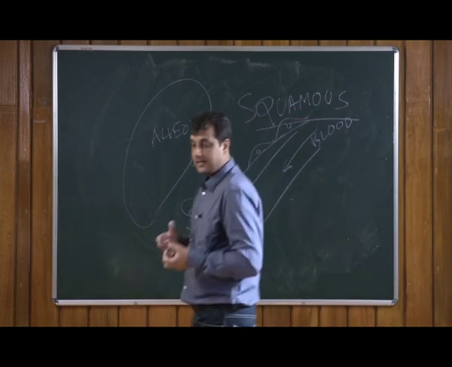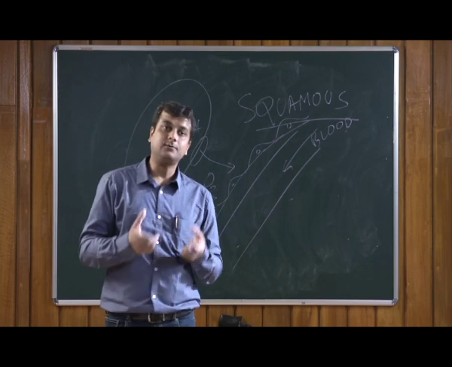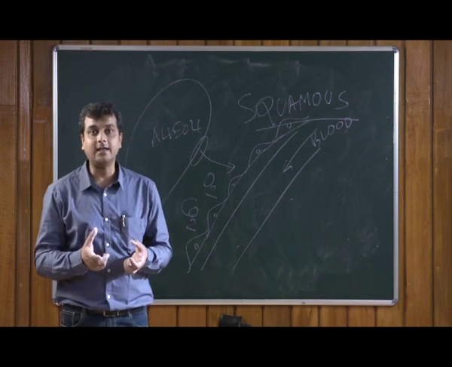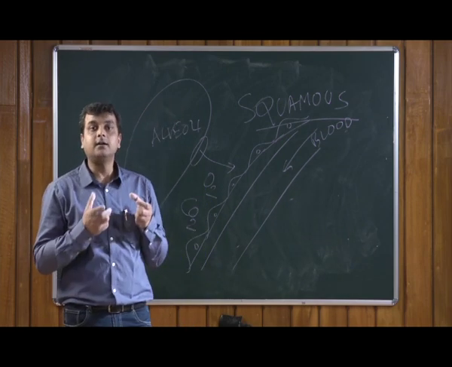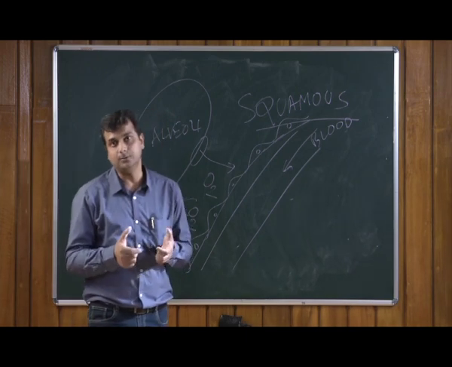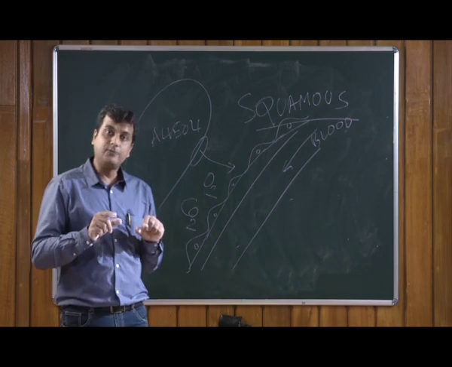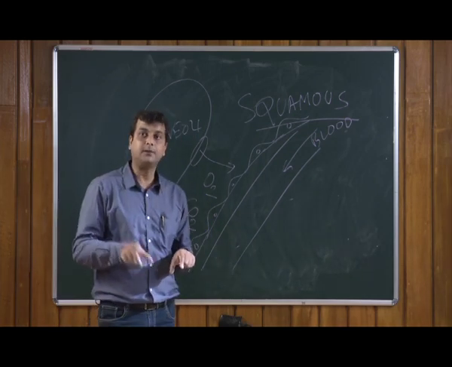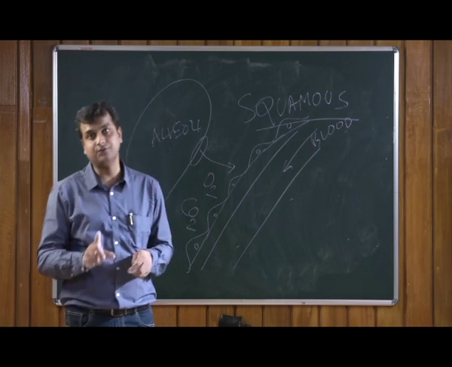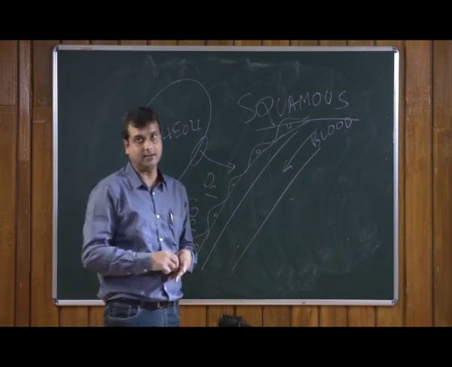One carries pure blood. Although all arteries of the body carry pure blood, the pulmonary artery is one such artery that carries impure blood. The opposite is true in the case of veins: all veins carry impure blood, but the pulmonary vein is one such vein that carries pure, oxygenated blood.